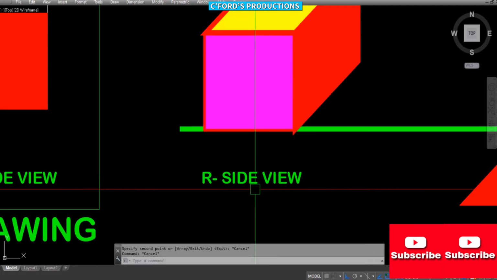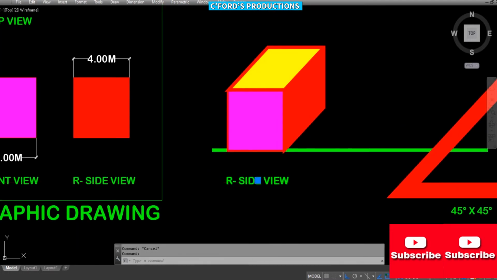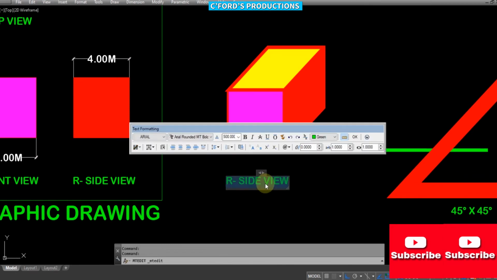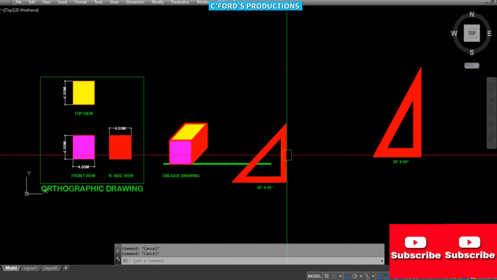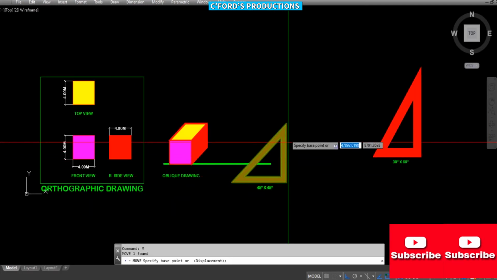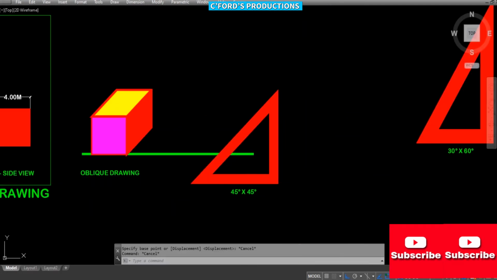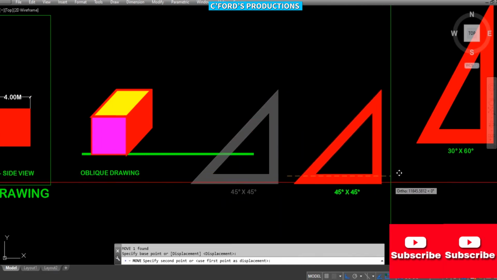So we will put a label. So this one is an oblique drawing. So next, we will proceed to the isometric.